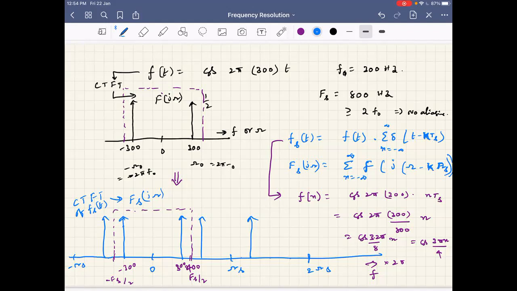Why am I discussing all this? Now when we find the discrete time Fourier transform, to go to the frequency domain, I write F of e power j omega. Through this discrete time Fourier transform, what's happening? The information about capital T is already lost because there is a periodicity that comes in.